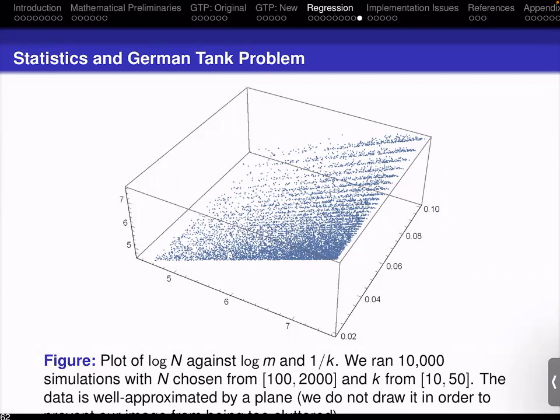So I can approximate the log of 1 plus 1 over k with 1 over k. And that's why I'm plotting the log of n against the log of m and 1 over k. And when I use those as my variables, you should see what looks like a plane. And so this is strong evidence in favor of the argument we gave that it should be related like this.